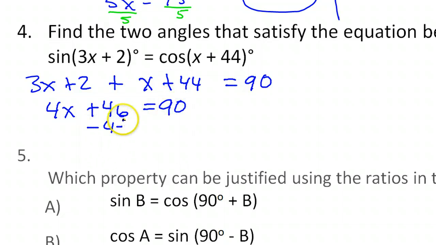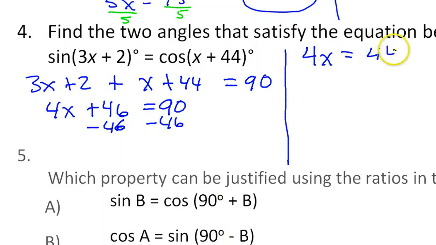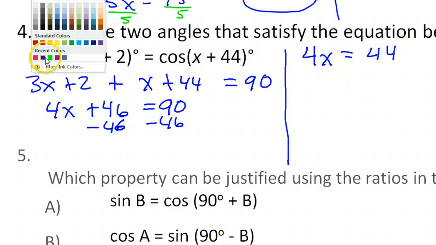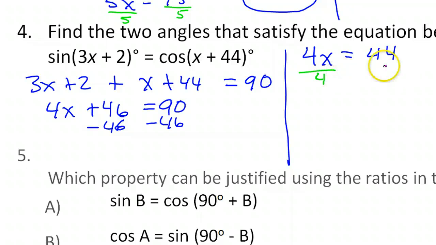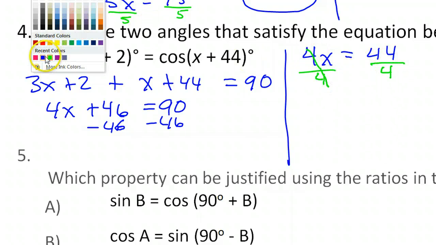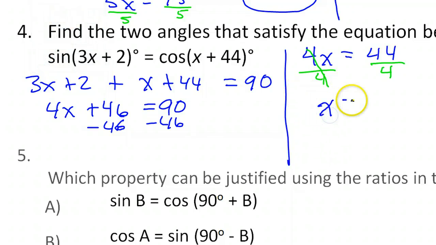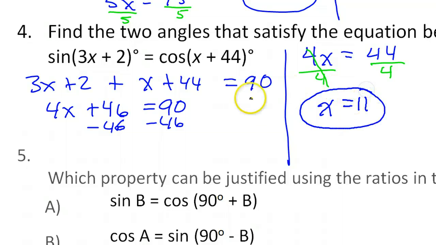Subtracting 46 from both sides is going to give me 44. So that'll give me 4x is equal to 44. And then I'm going to divide both sides by 4. And that'll give me x is equal to 11. Okay, so fine, x is 11.